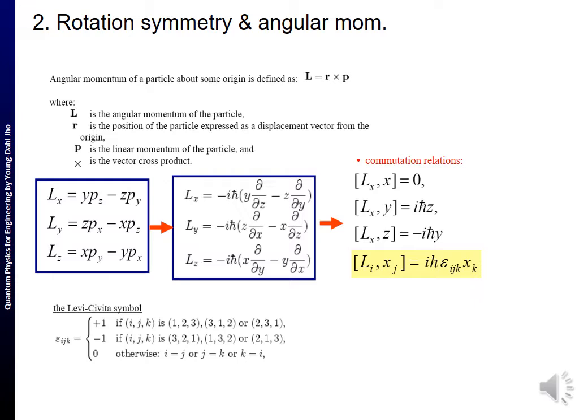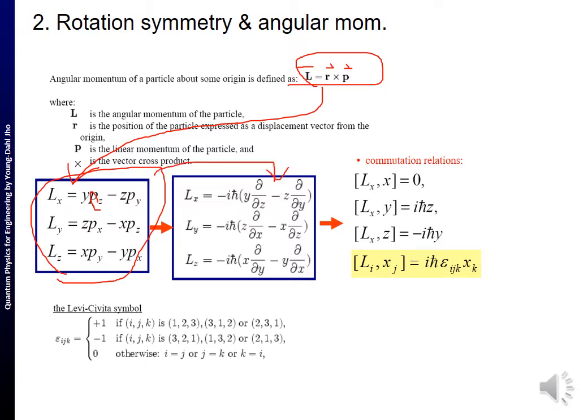Angular momentum of a particle is defined like this: L equals r cross p, and based on that we have this. You go through the cross product, then this is obtained, and based on that the quantum mechanical representation is shown here.